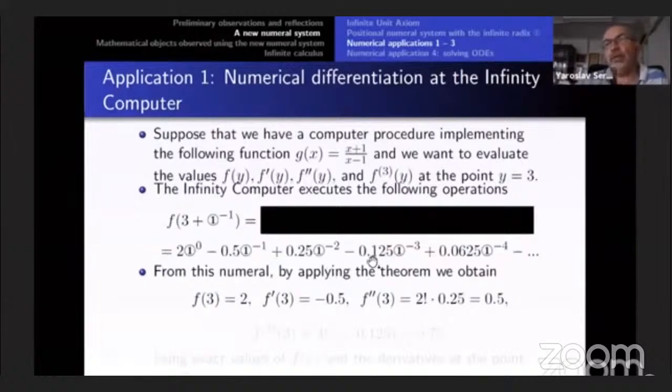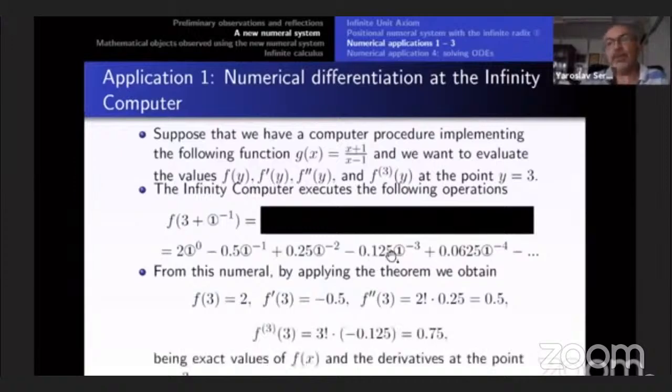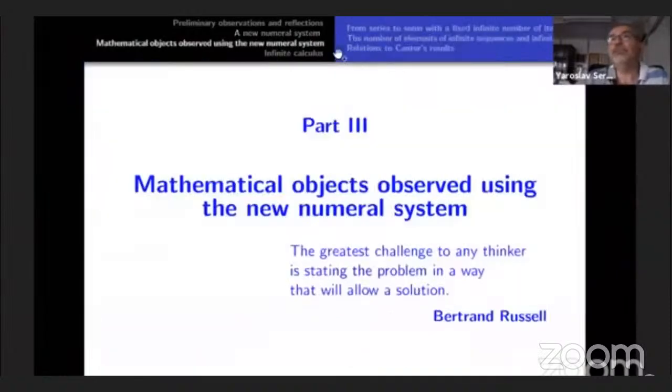And this minus 0.1 gives us the exact third derivative. So, on the infinity computer we are able to obtain exact values of the derivatives just by one evaluation of the function. So this is really amazing.